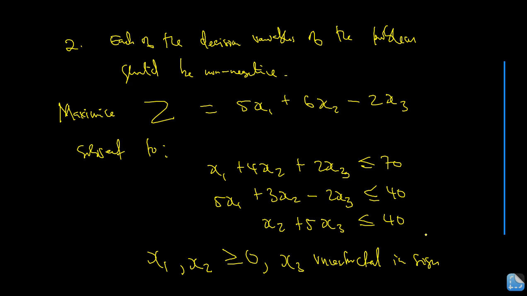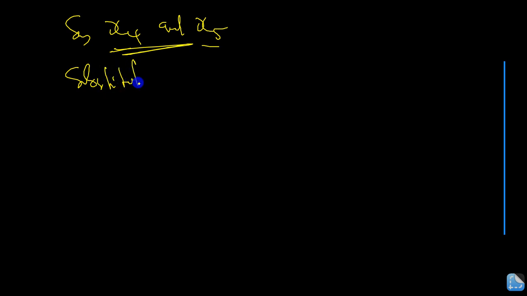So in our case, let's take two non-negative variables, x4 and x5. These will be substituted for x3, such that wherever there's x3, we're going to say x4 minus x5.